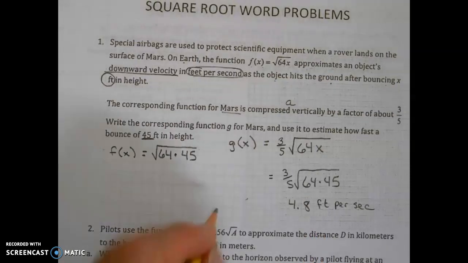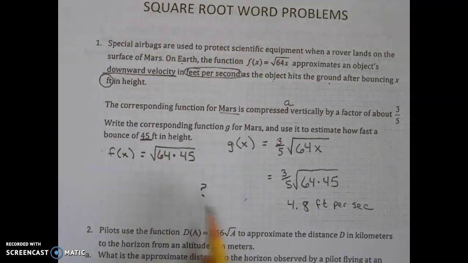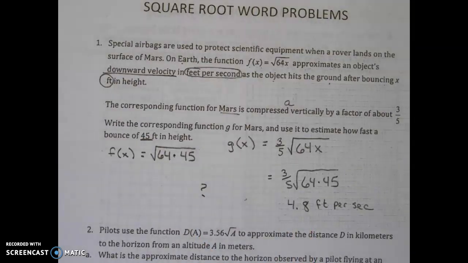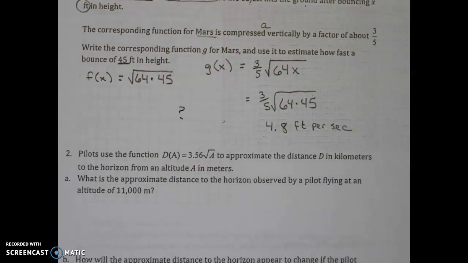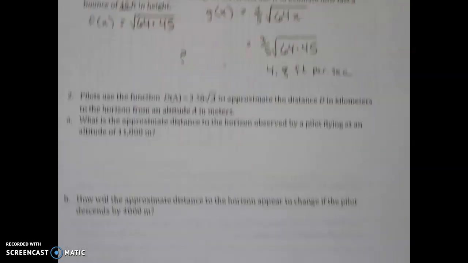What do you think? Make a reasonable guess based on what you know and see if you can determine whether the downward velocity would be greater on Earth or less than on Mars. Okay, let's move along. I think you're going to be able to do number 2, no problem.